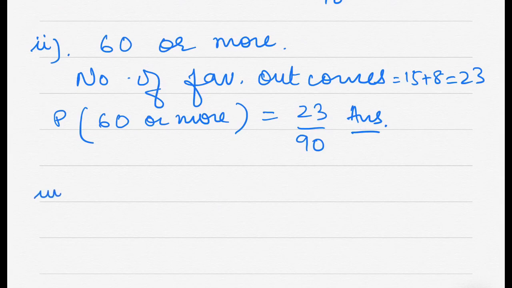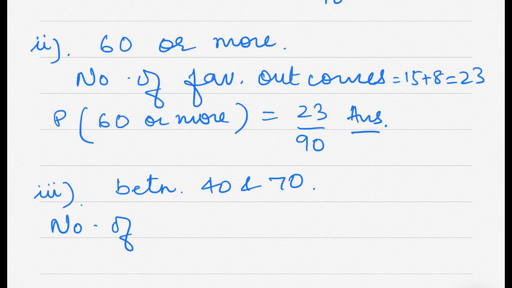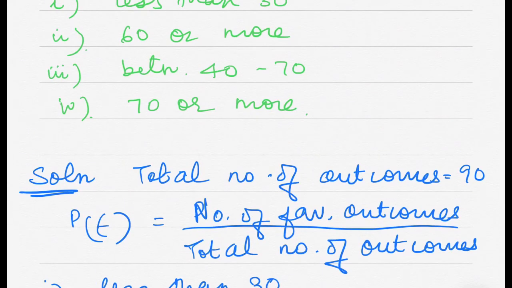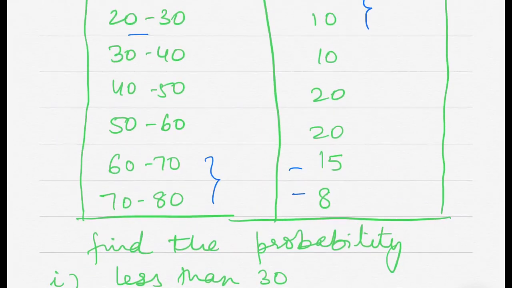Then I move to my third part. The third part says between 40 and 70 marks. So the number of favorable outcomes between 40 and 70, let's see the table. It starts from 40 and goes till 70. So this will be included for my third part.